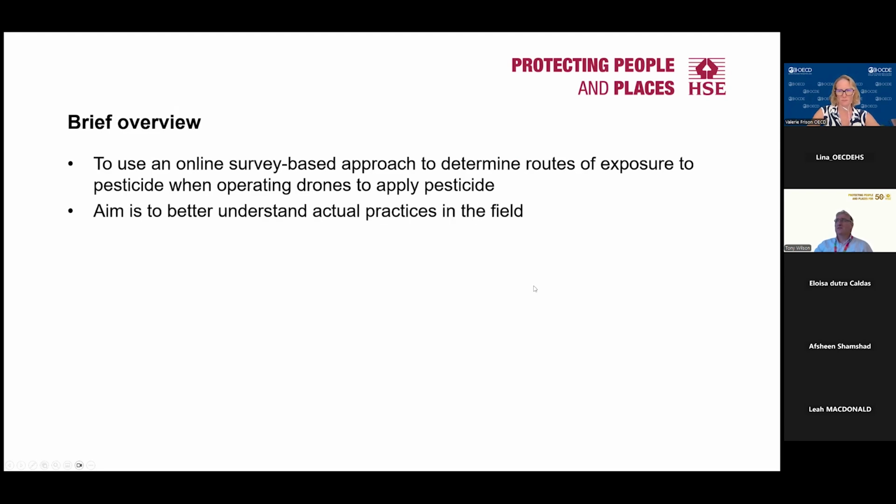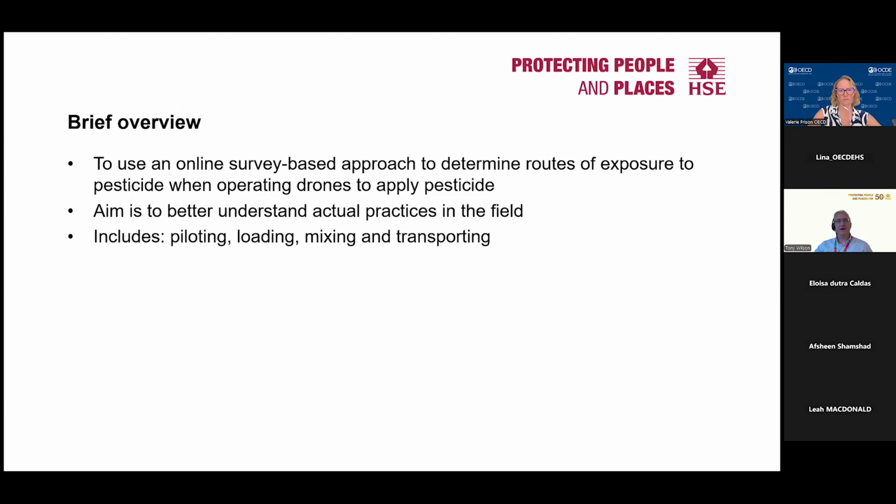We want to better understand actual practices in the field, so that we can see how we can link our current understanding of the models of operator exposure to what actually happens.